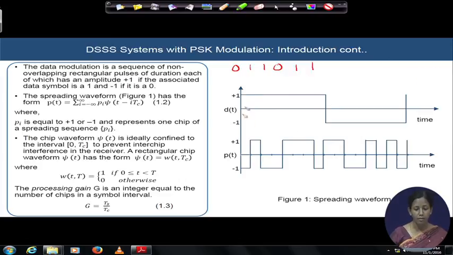Whenever BPSK modulation is there, the incoming series of zeros and ones will be transmitted in the form of either +1 or -1. In binary phase shift, you will have a shift of plus or minus 180 degrees corresponding to the incoming data bits. So for 0 we map the signal as -1, and for 1 it will be transmitted as +1. Hence you are able to see the modulated data now available for spreading.